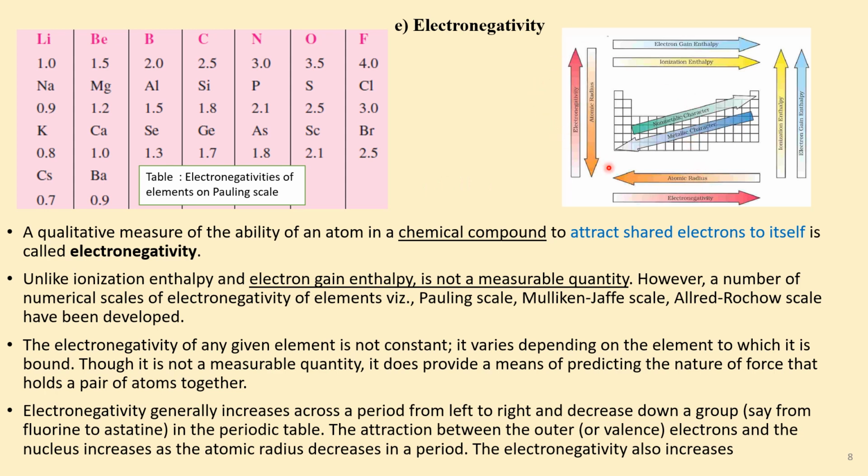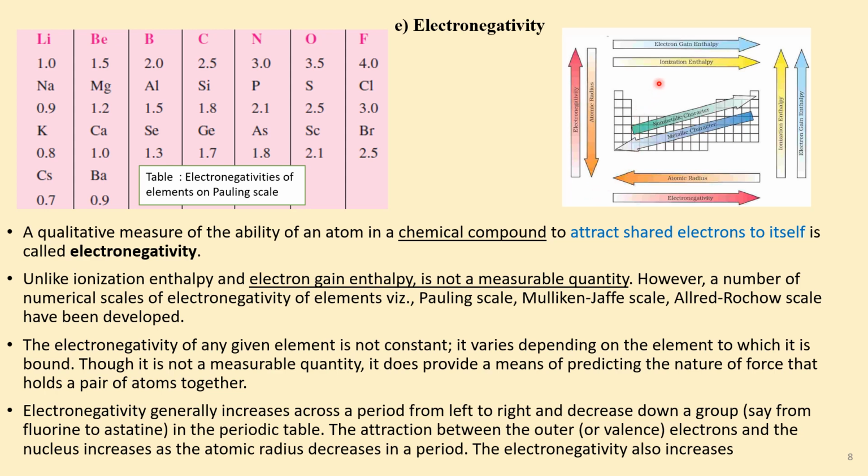We can conclude these descriptions by referring to the periodic table. Here you see atomic radius decreases from left to right or increases from right to left, and atomic radius increases from top to bottom, that is across a group.